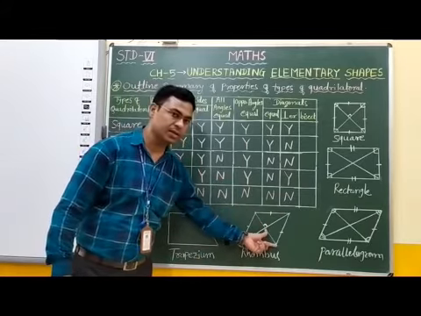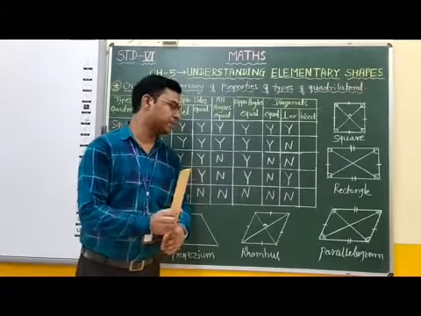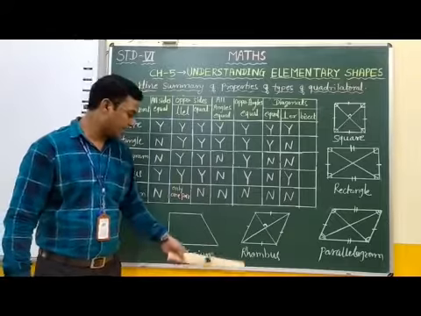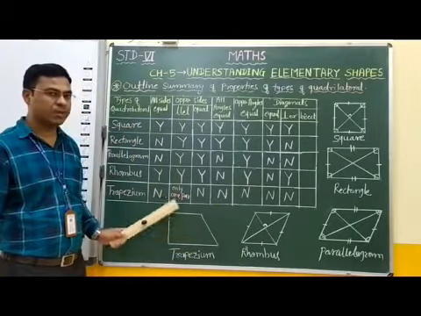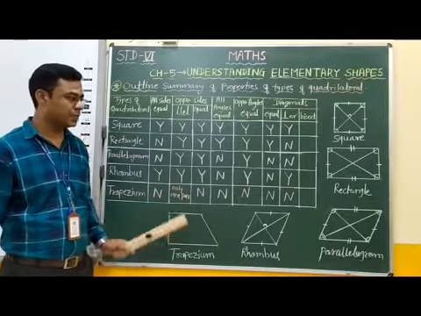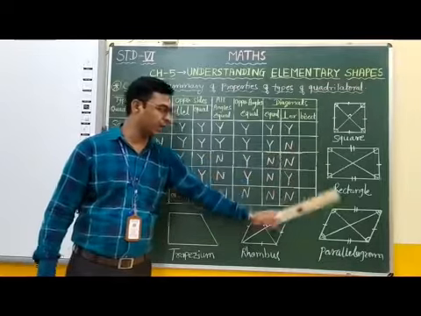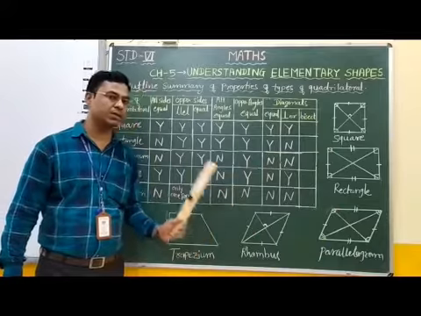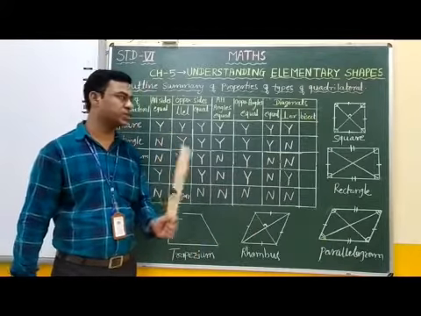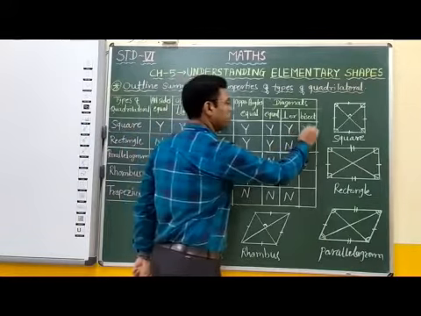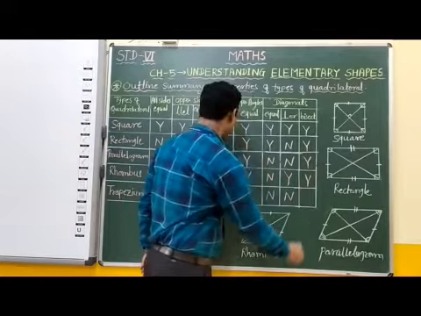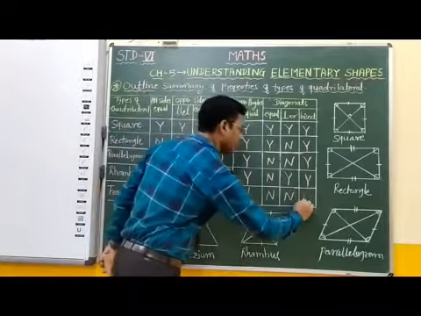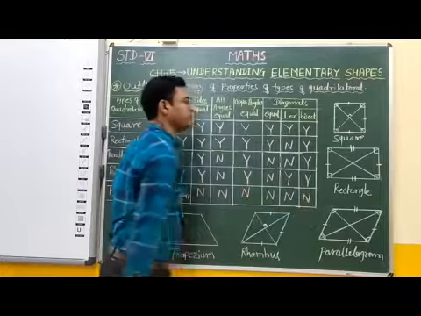This and this length are equal. And in trapezium diagonals do not bisect each other. Therefore, for square, rectangle, parallelogram and rhombus diagonals bisect each other. Therefore, we write S here, and for trapezium we can write no.